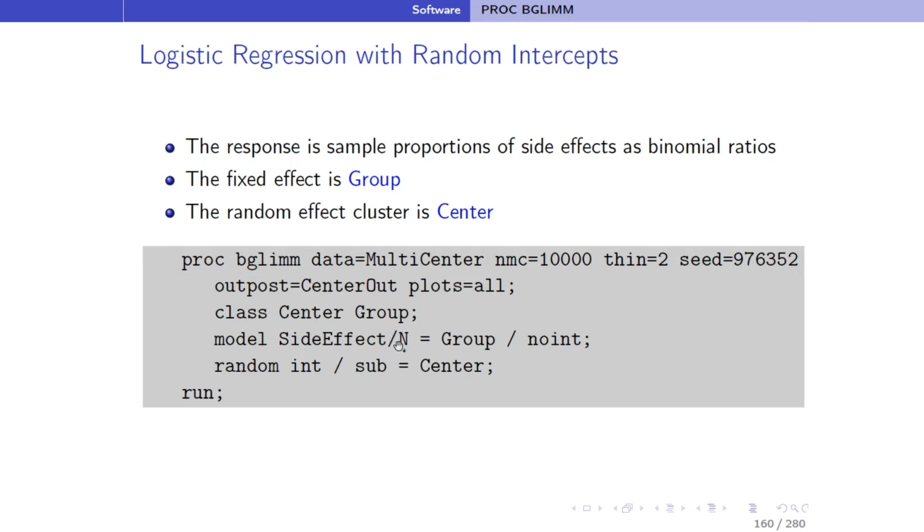This is the events over n syntax. It automatically puts this into a binomial likelihood with the logit link, and the group is the categorical variable, and a NOINT option is used for you to better compare group A versus group B. You don't have to account for the intercept. And then there's a random intercept model with a group subject variable.